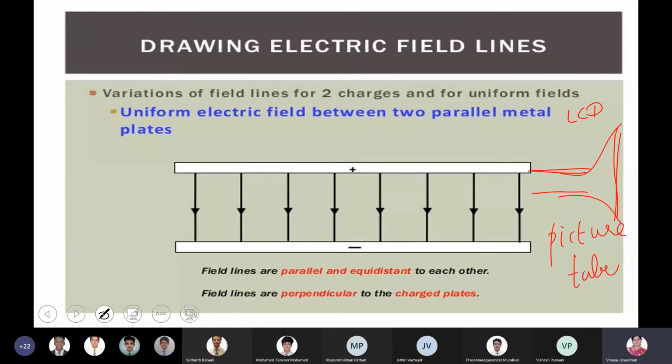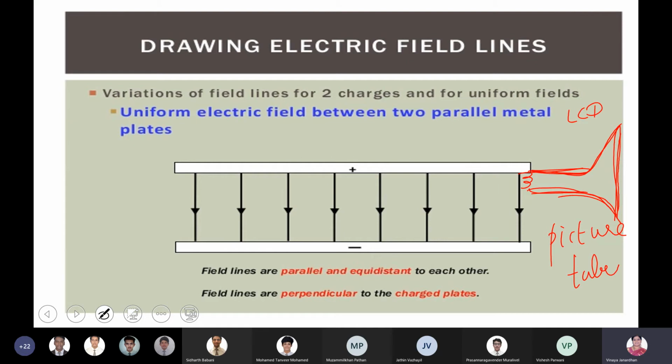The old box television sets used to have this type of picture tube. Now all those are being replaced by LCD. In a picture tube, there is a cathode, any metal for that matter, in the form of a coil, like a tungsten filament.